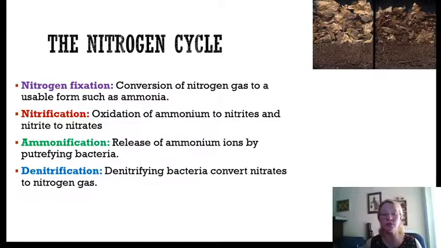And denitrification then, whereby these denitrifying bacteria convert nitrates to nitrogen gas. So those are the various processes that are part of the nitrogen cycle. We've got nitrogen fixation, nitrification, ammonification, and denitrification. So I would advise that you get a glossary of key terms and get those definitions written down.